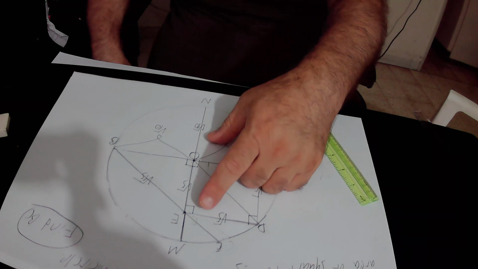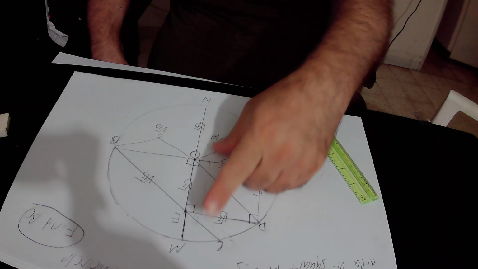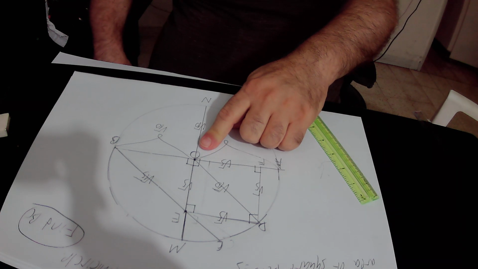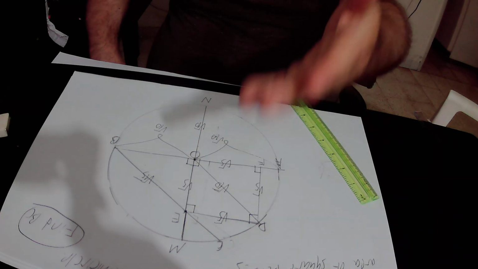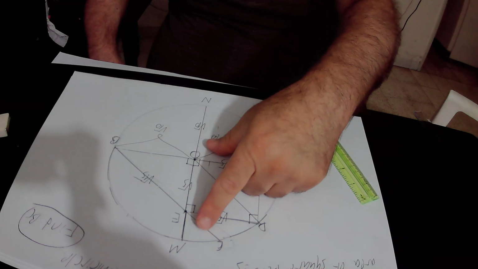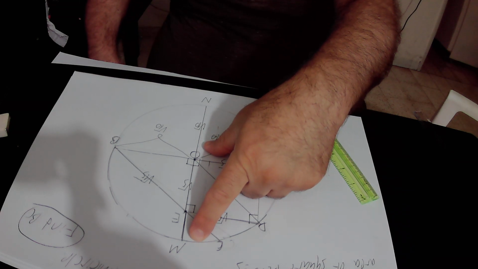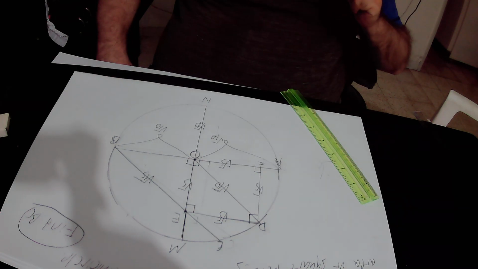What is the length of OM? Again, point O is the center of the circle. Point M is a point on the circle itself. That is exactly the definition of a radius. That is to say, OM is the radius of the circle that is equal to square root of 10 units.